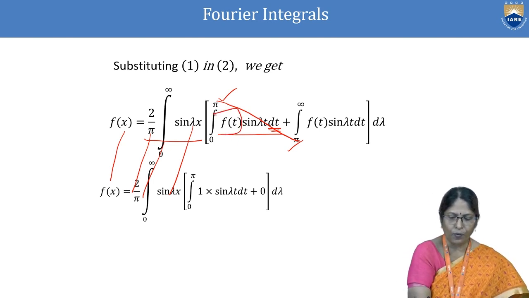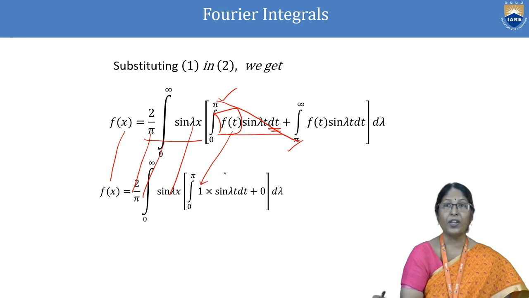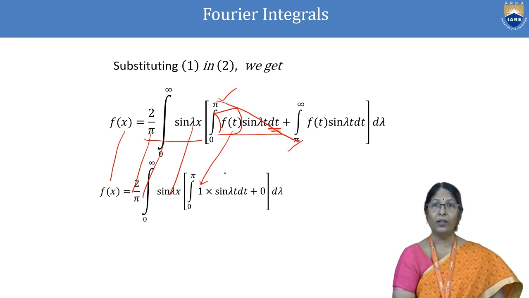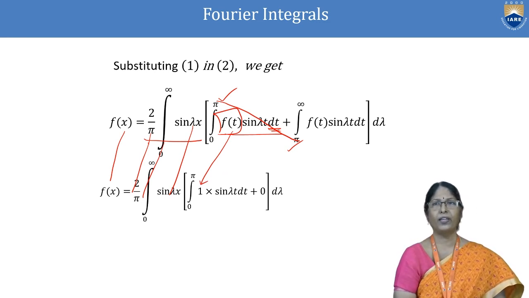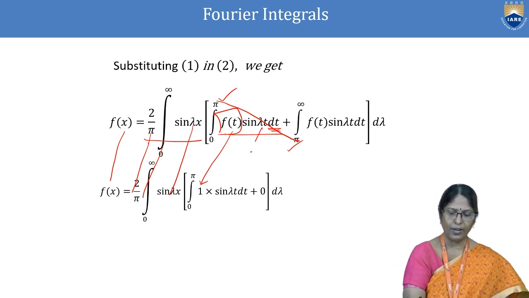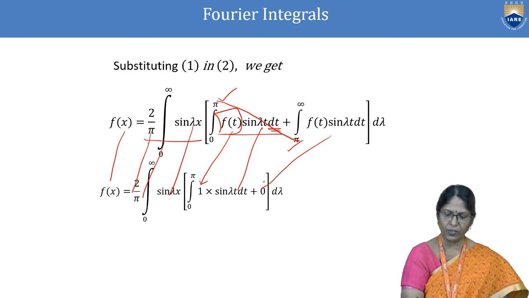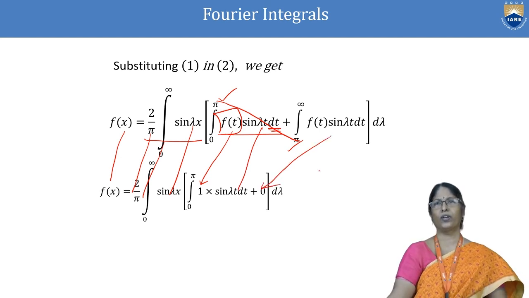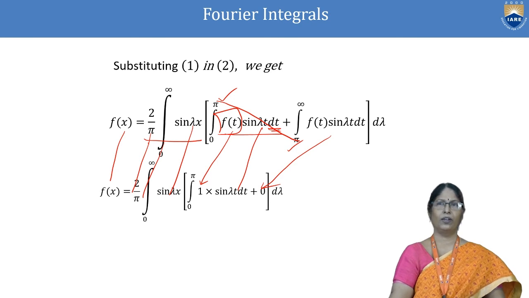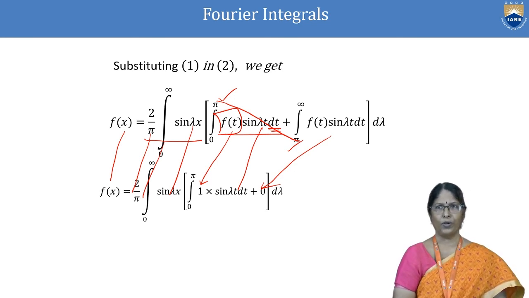Only this f of t is replaced by 1, satisfying the condition of our given problem, sine lambda t dt. The second integral vanishes. This is also because of the condition given in our question.